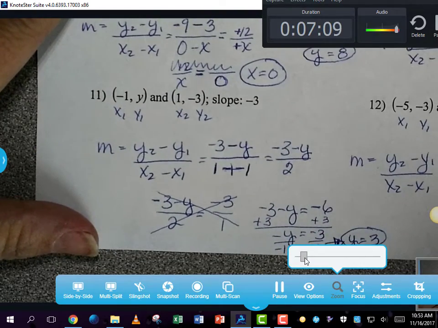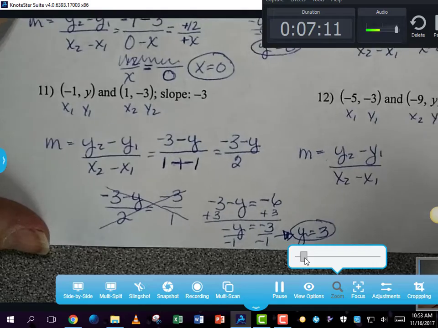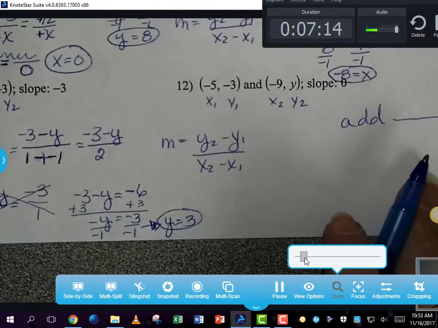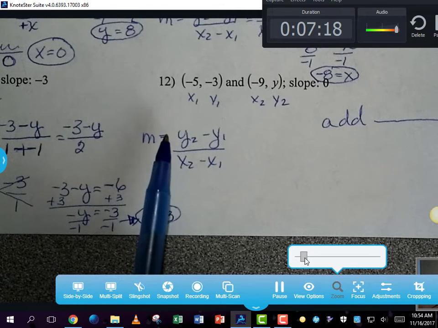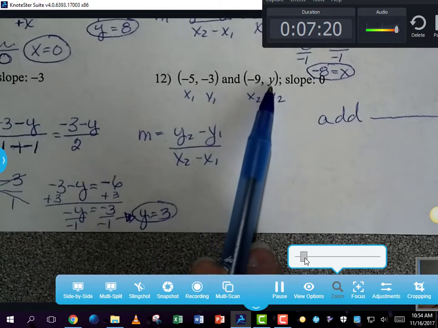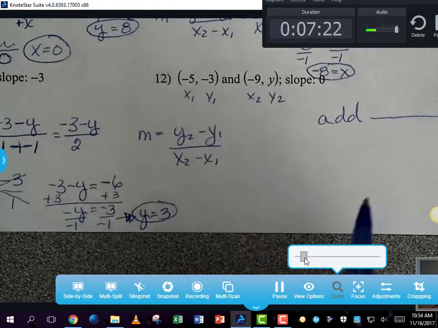Sorry that I really did not give enough space on this to do all these problems. I would suggest you do them on lined paper. Okay, and then number 12, I have y sub 2 minus y sub 1.